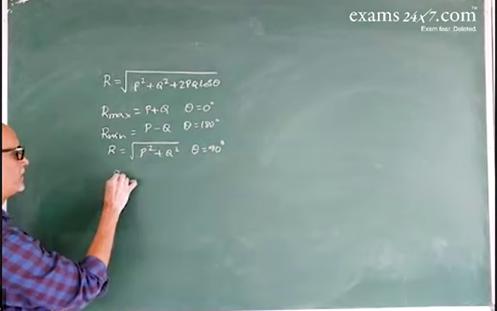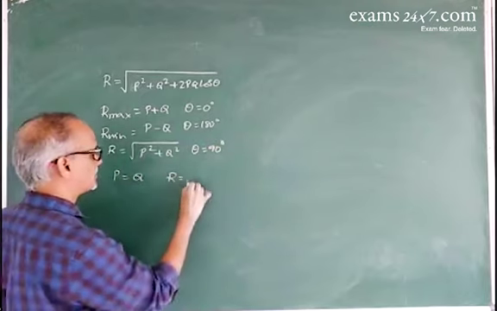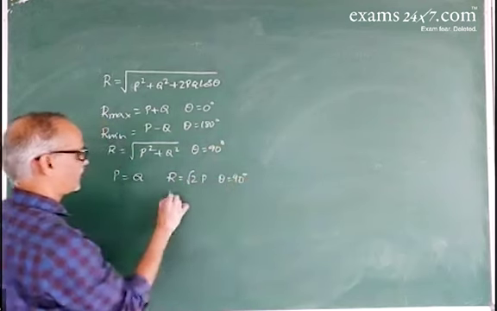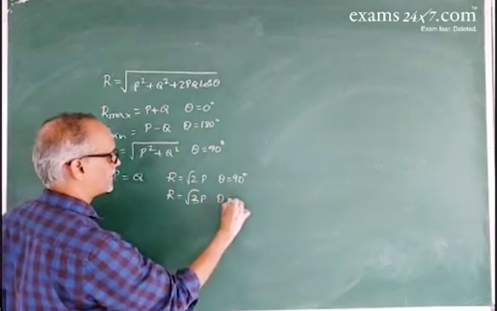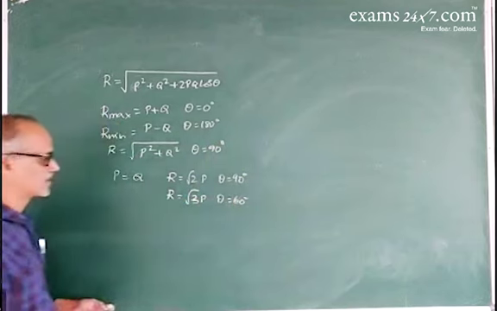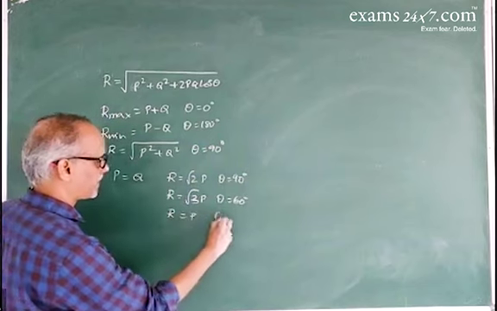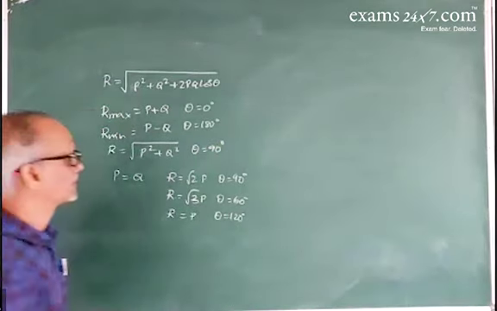And then when P is equal to Q, R is equal to root 2 P when theta is 90 degree, R is equal to root 3 P when theta is equal to 60 degree, and R is equal to P when theta is 120 degree.